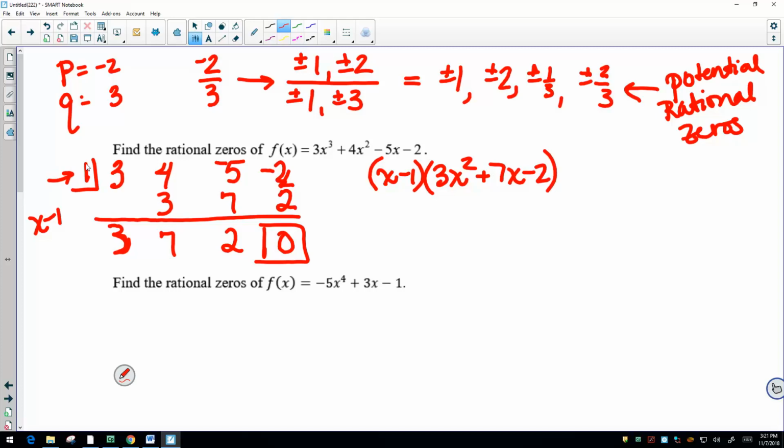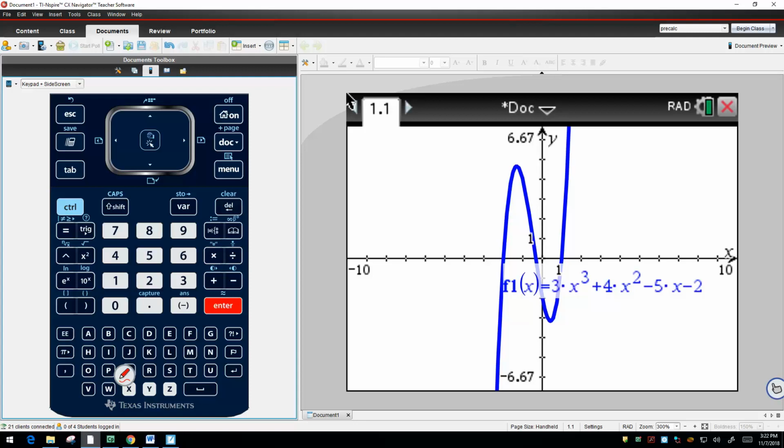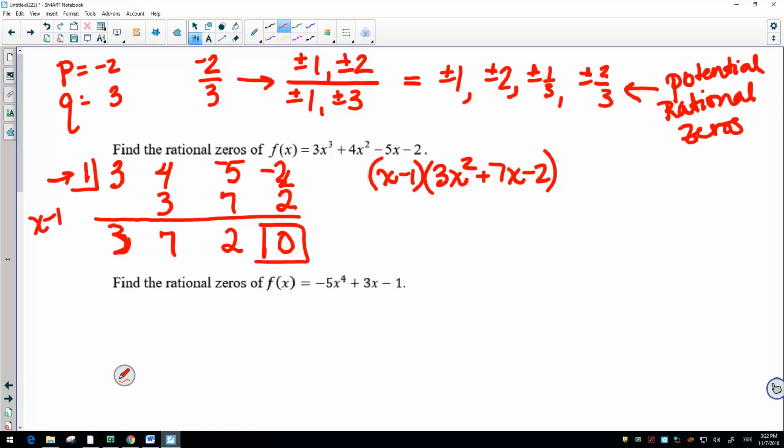So it looked like we had maybe another rational 0 there. If we go back to the graph, it looks like we have another rational 0 at -2. So I should be able to factor out from our end result from synthetic division, another -2.